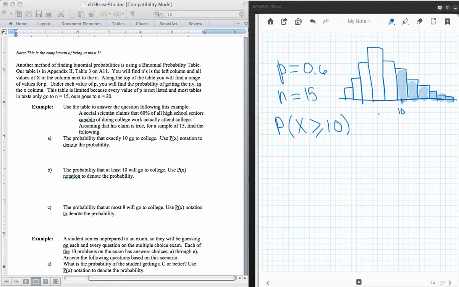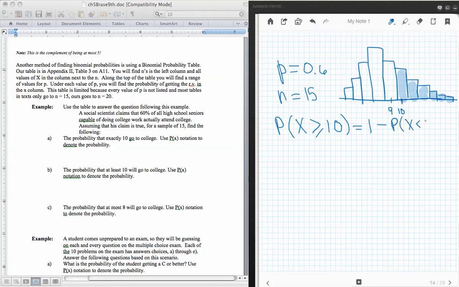However, the calculators cannot find that. They can find less than or equal to a certain value. So they can find these values over here. So what we find is that this value is 9 over here. So we have this being equal to 1 minus the probability that x is less than 10.